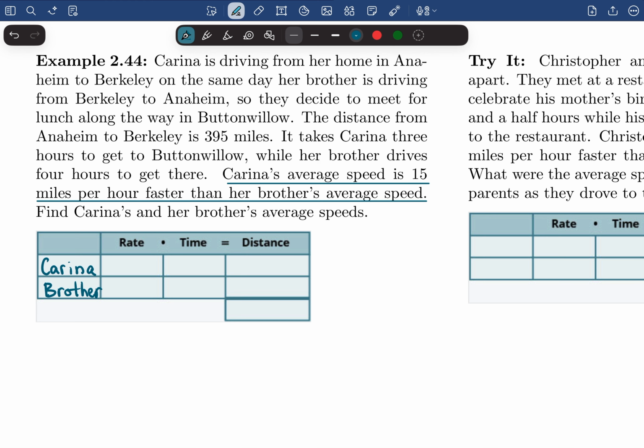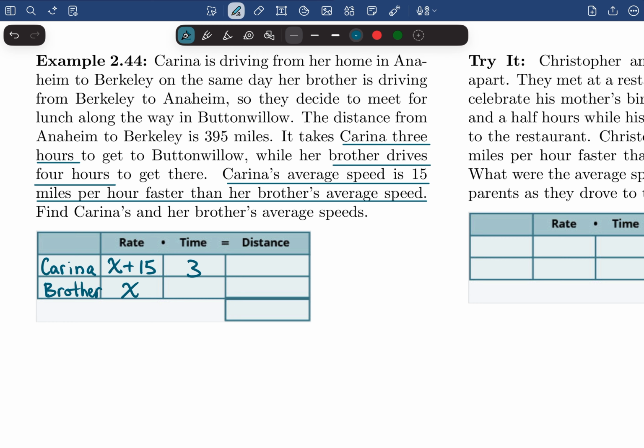So if her brother's average speed is x, then Karina's would be x plus 15. I've been told the time that both of them are traveling. For example, Karina is traveling for 3 hours. So I'll put time as 3. And her brother is driving for 4 hours.